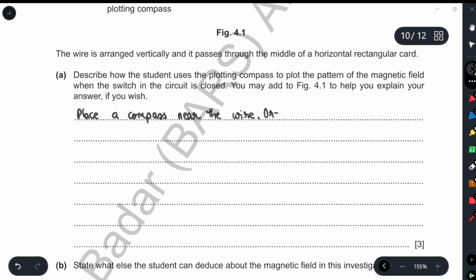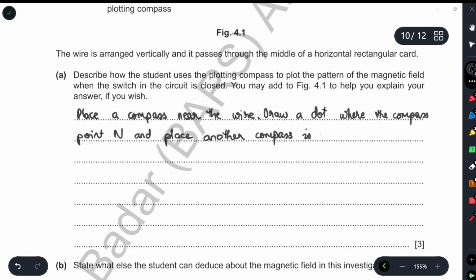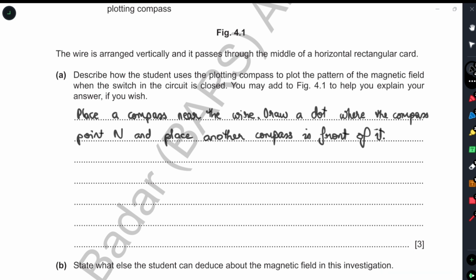Draw a dot where the compass points north, and place another compass in front of it. Okay, so we place another compass in front of it.